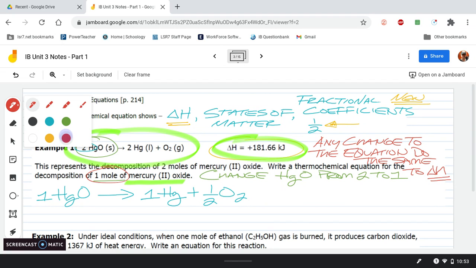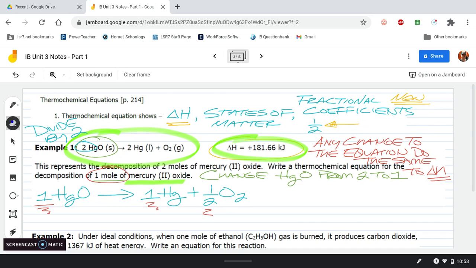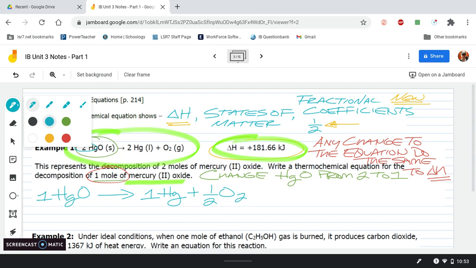Because remember, whatever I do to this, I do the same thing here and here. And I also do the same thing to my delta H. So whatever I do over here, I do to the delta H. And so we can go ahead and write that down real quick.